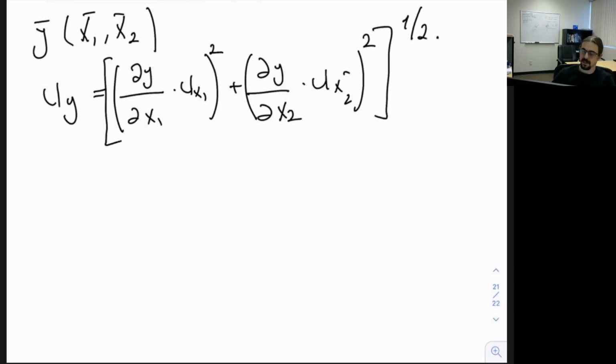So if you have multiple inputs to calculate an outcome, which is say the y bar, then you're going to have a number of uncertainties that will contribute to that.